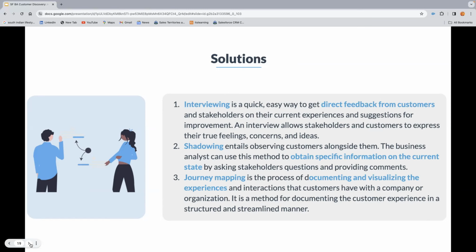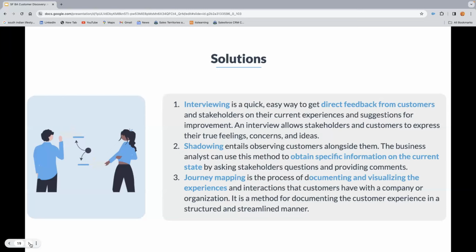An interview allows stakeholders and customers to express their true feelings, concerns, and ideas. Then shadowing entails observing customers alongside them. The business analyst can use this method to obtain specific information on the current state by asking stakeholders questions and providing comments.